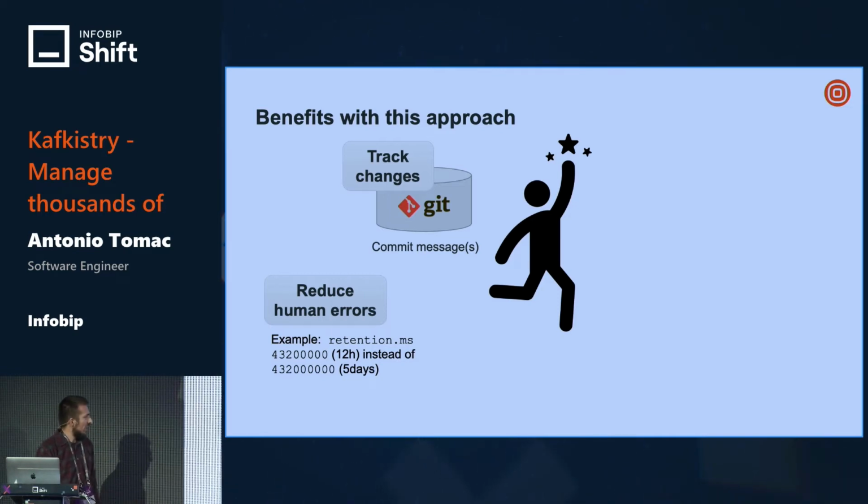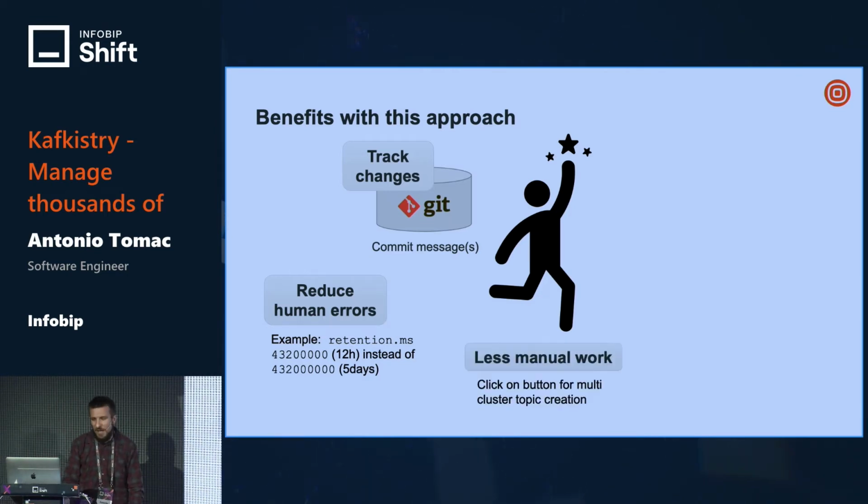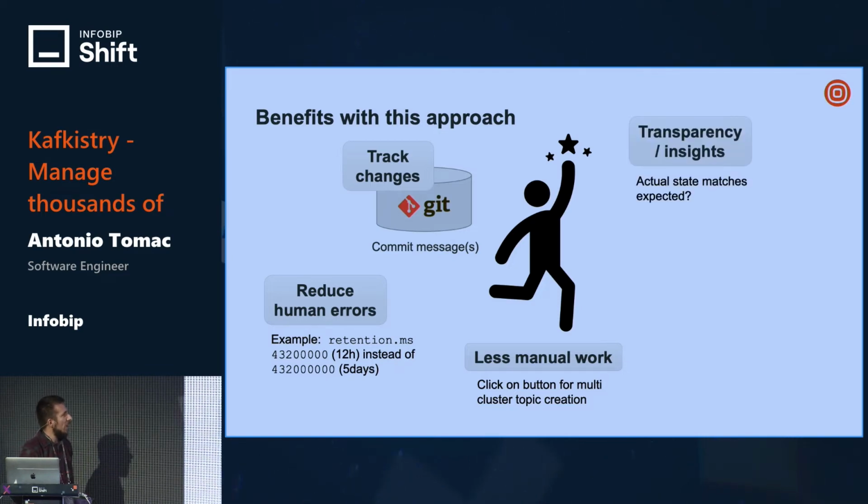Omitting one 0 in retention ms can lead to a significant difference in time, for example, 12 hours in comparison to 5 days. We have less manual work because all the computation and execution is done by a tool. We just need to click on a button to trigger it.